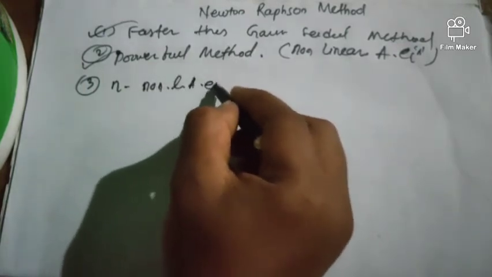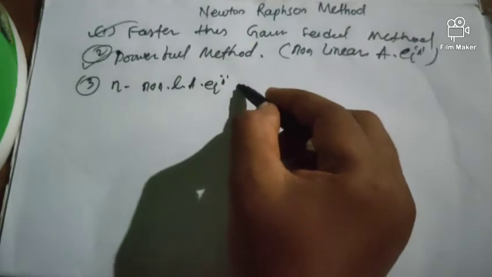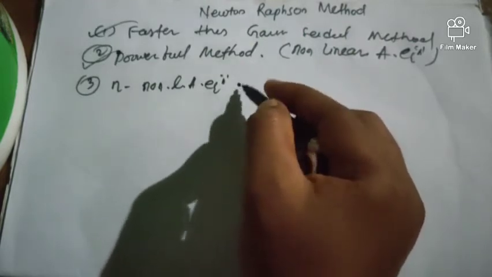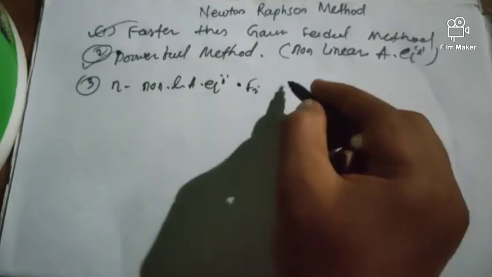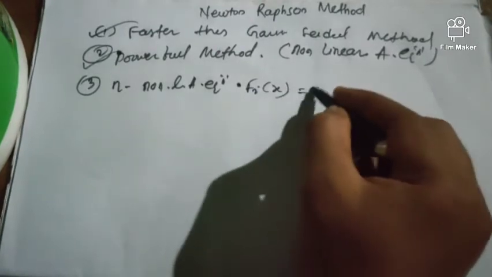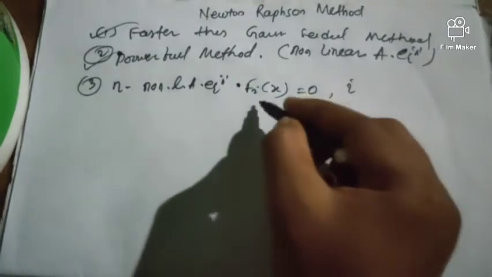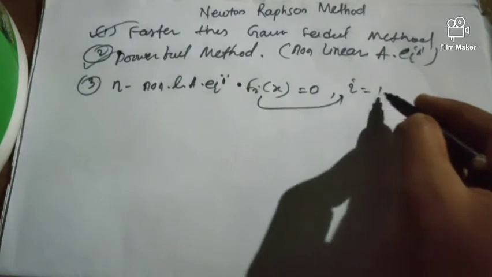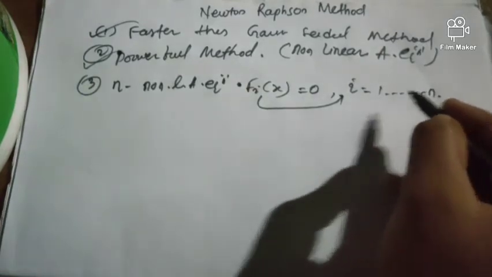Let's consider n number of non-linear algebraic equations. Then the function is denoted as f_i(x) equal to 0, where i is from 1 up to n.